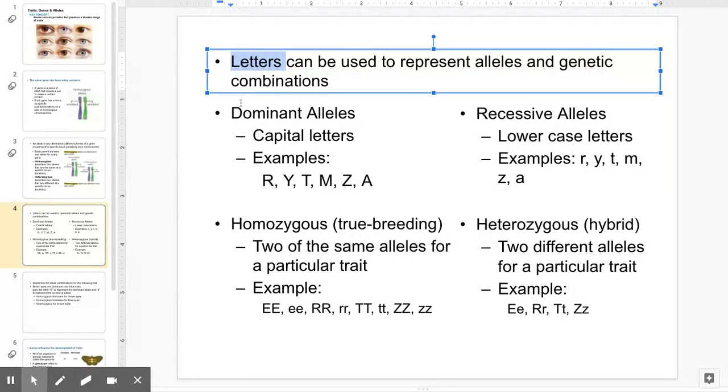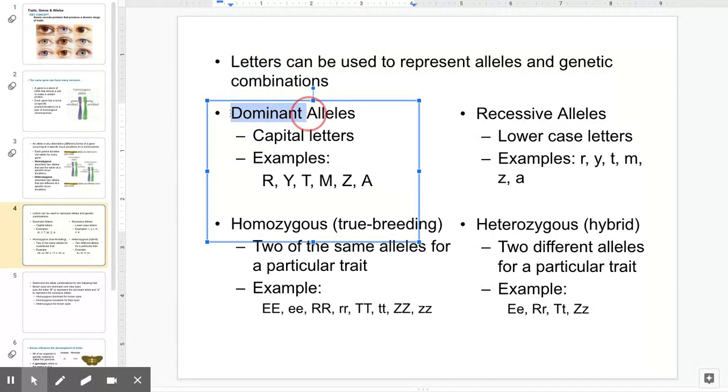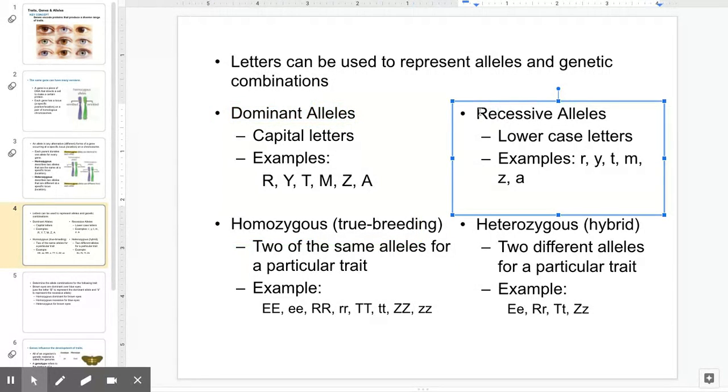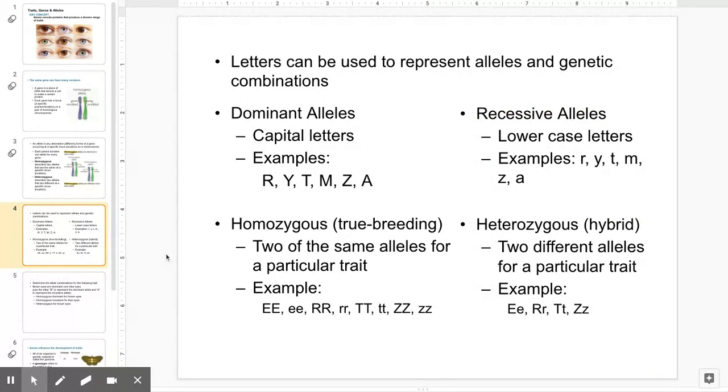And in that, we can describe those letters as homozygous or heterozygous. And we have the word dominant allele, which is represented by a capital letter, and recessive allele, which is represented by a lowercase letter. And these are all part of your genetics vocabulary terms.